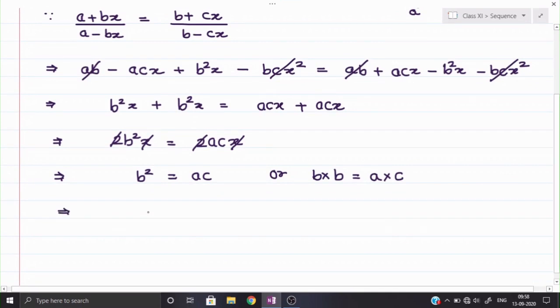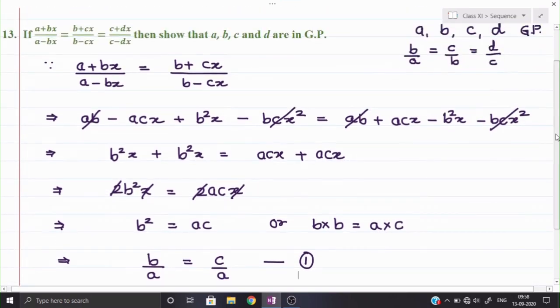So see, 1b I am keeping as it is, and 1a I am bringing from the right hand side, and this b on the left hand side I am sending onto the right hand side. That will become c upon b. Equation number 1.